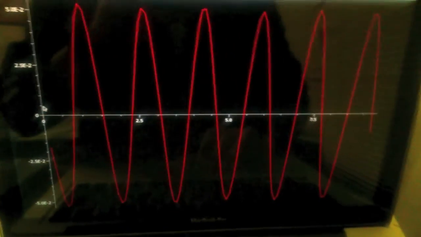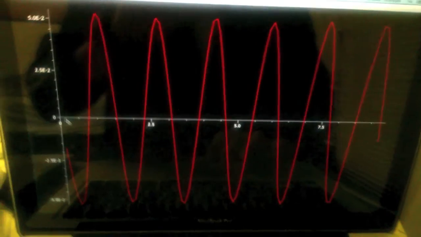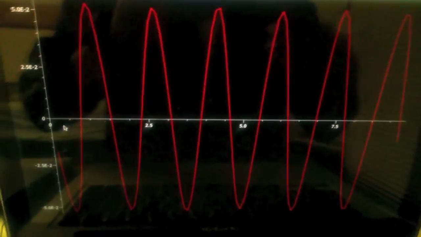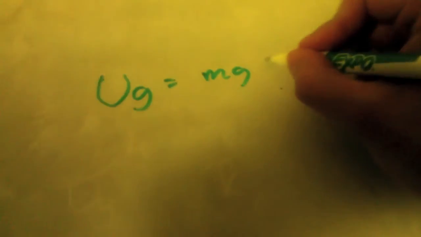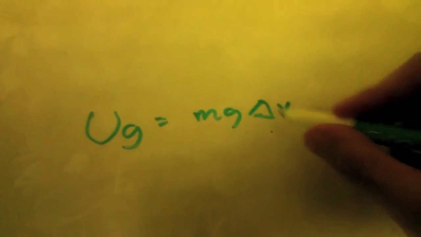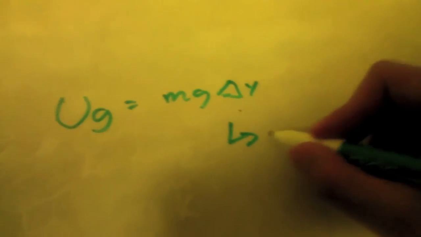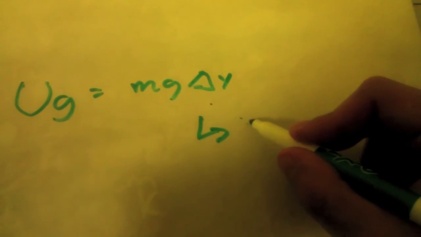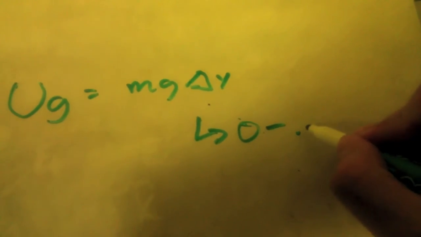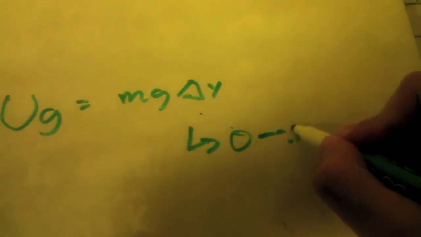Why was this though? This is because when you changed your origin to 0, you made the change in the y much greater. Because if you go back to the definition of gravitational potential energy, this is equal to mg delta y in Earth. Well, delta y, when you change it to origin of 0, goes from like 0 to negative 0.8.